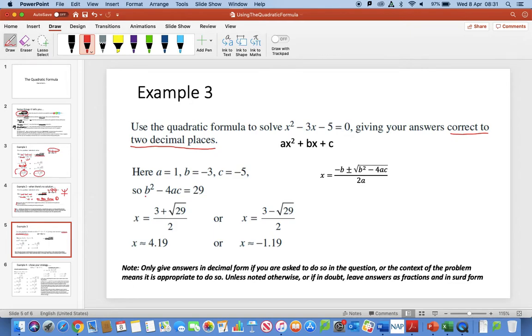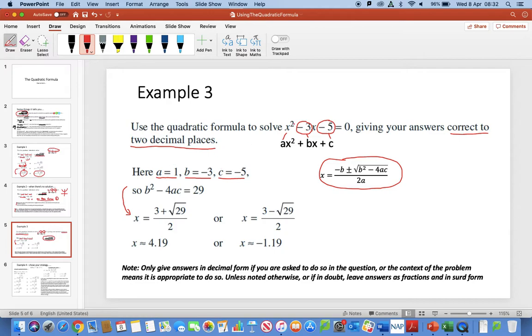Okay? So because we've gone through some of the initial examples working through every single step, I'm going to skip that a little bit now, other than to say the key is to evaluate and determine what the A and what the B and what the C value is, remembering the signs in front of these numbers because they take on a positive or a negative value for A, B and C, and that's really important to make sure that you're substituting the positive and the negative values into the formula as well, otherwise you get very different answers.